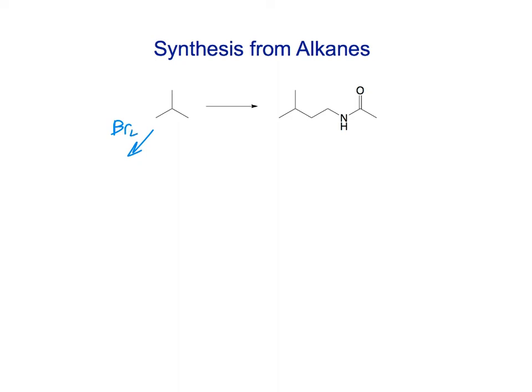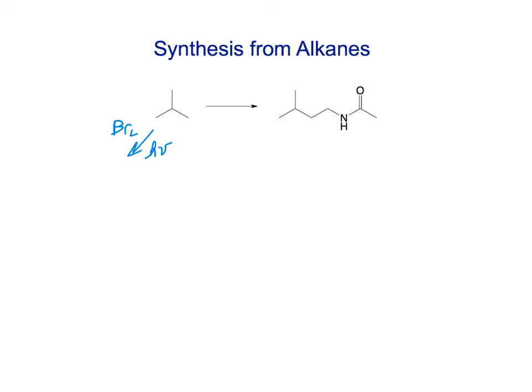Br2, and usually not peroxide, but either light or heat. Okay, so H nu. Okay, remember in this one, what's the first step of a radical reaction? The initiation step. So in the halogenation, the initiation is just the homolytic cleavage of the bromine bond.